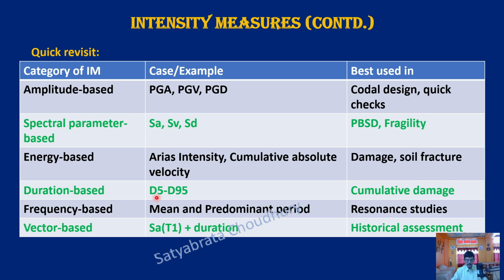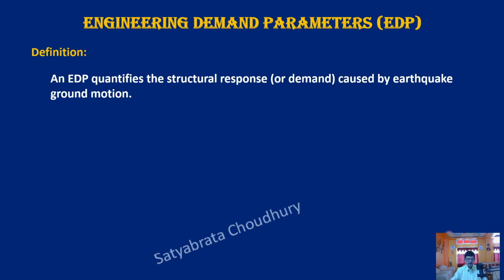Duration based, like D5 and D95, that is, 5% of the duration and 95% of the duration, used in cumulative damage calculation. Frequency based intensity measures, mean and predominant period, are used in resonance studies. Vector based, like Sa(T1) plus duration, are used for hazard assessment.